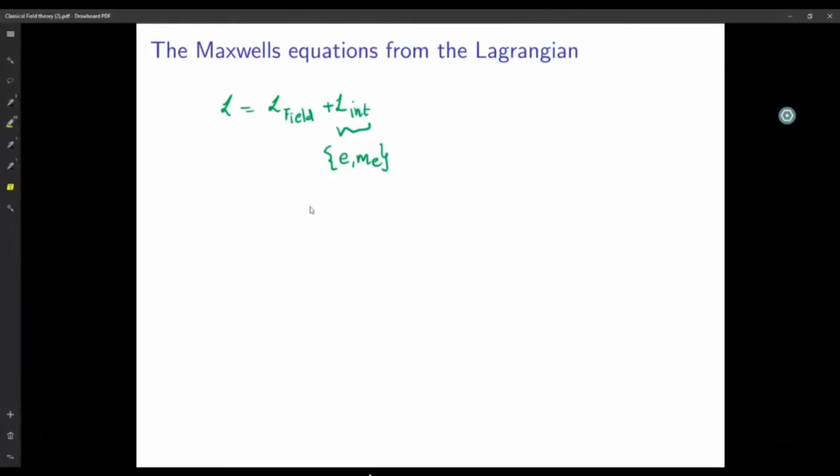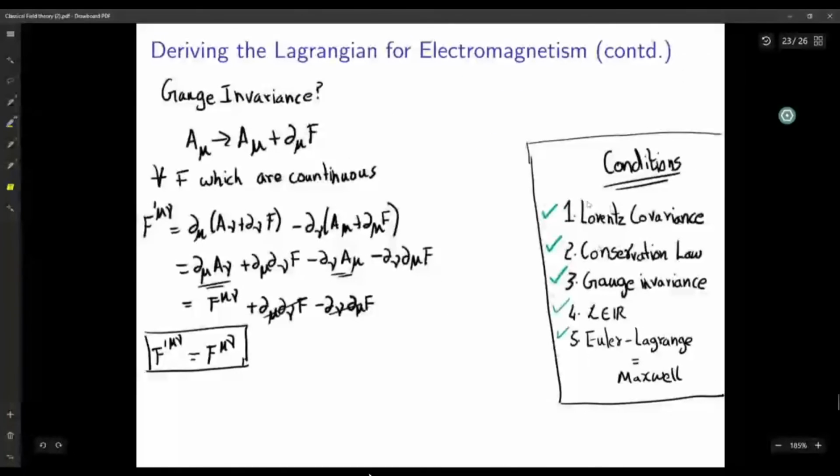is this the only Lagrangian that you can construct? Hell no. There are various other Lagrangians, expressed in different ways in textbooks. But I would say not too many of them exist, or they are heavily constrained because of the conditions that we impose. You want Lorentz covariance and the conservation law and the gauge invariance in a single theory.